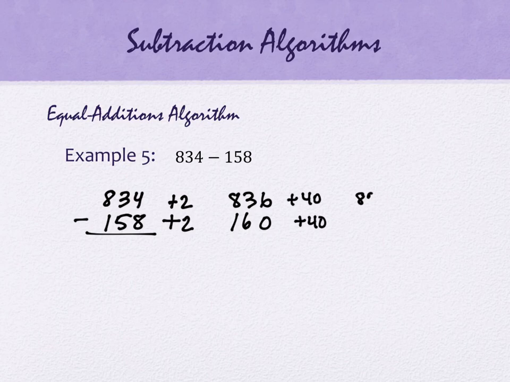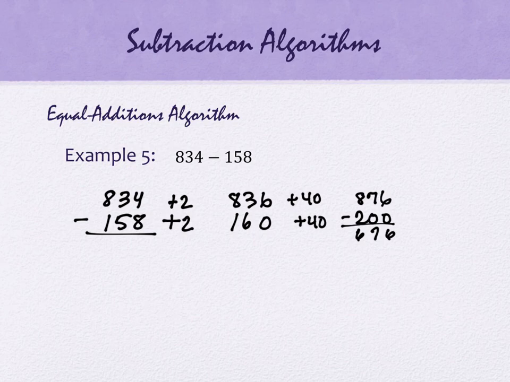So this becomes 876 and 200. And at this point, I can subtract. Why? I don't have to borrow. 676. Does that make sense?